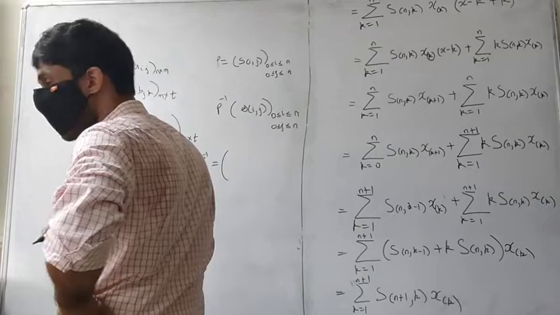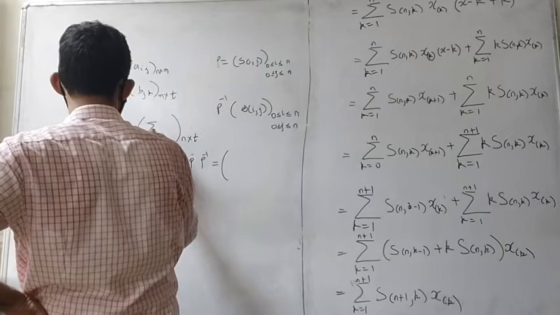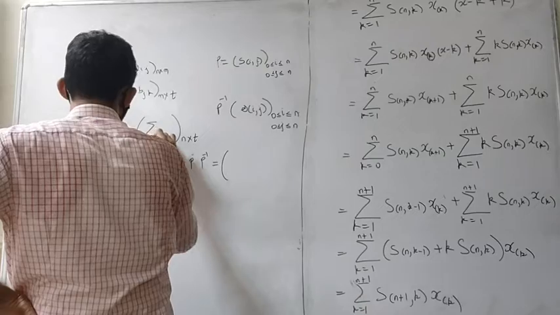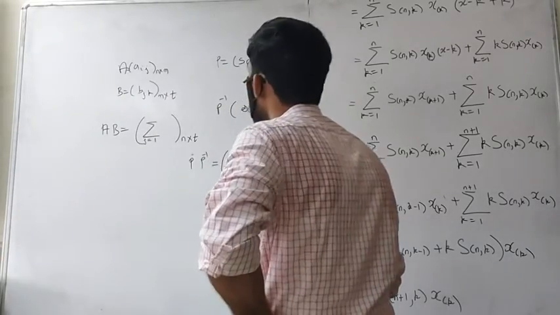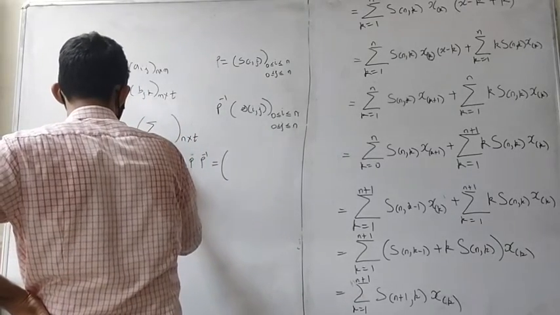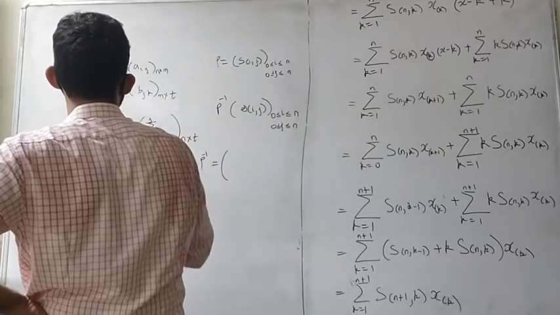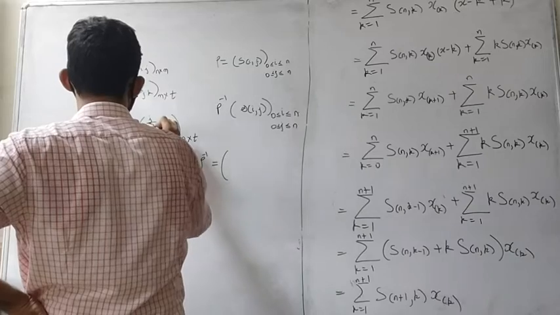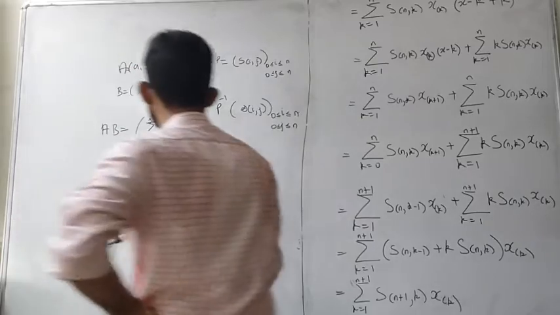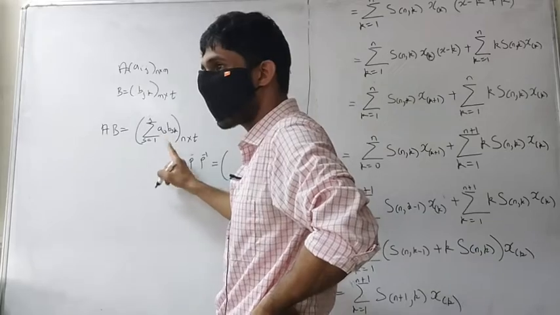It will be a summation over s going from 1 to j, right? It's the number of columns of this and number of rows of that. a_is b_sk. That would be the i comma kth element of this.